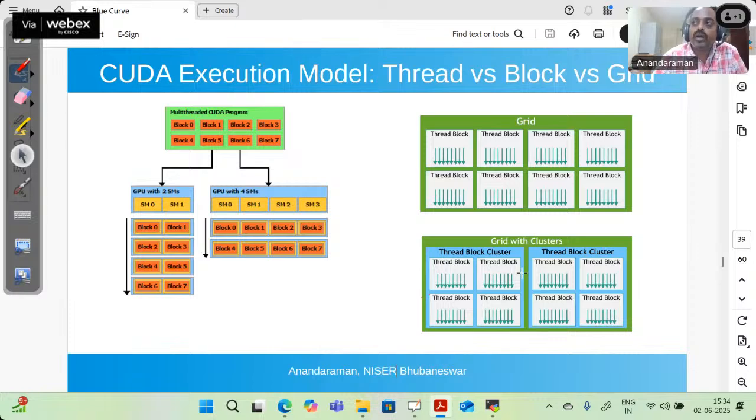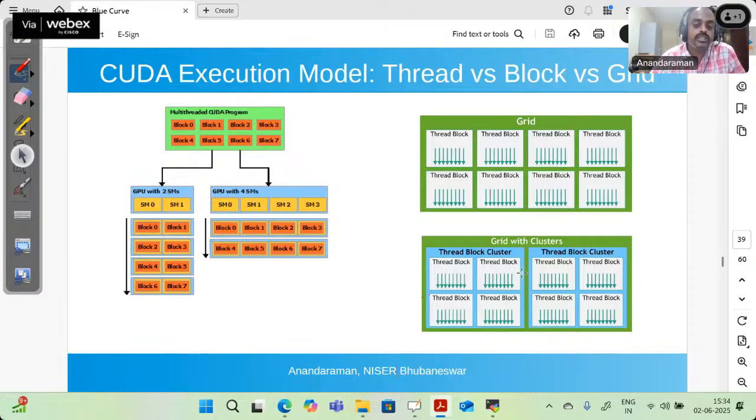If you want to point some thread to do one operation and another thread to do another operation, you have to find out the thread number, and based on the thread number only you can assign. Each thread can be given a single operation, so you have to point to the thread with the thread number and block ID.